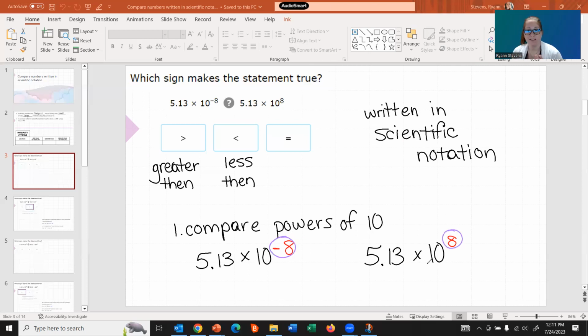We know that a positive number or a positive sign associated with the number is going to tell us that that number is greater, which means that this -8 is smaller than the +8. And so in order to select the sign that's going to make this a true statement, we want our sign to open towards the larger number or open this way. And so we have to point it this way, and this would be our less than sign here.